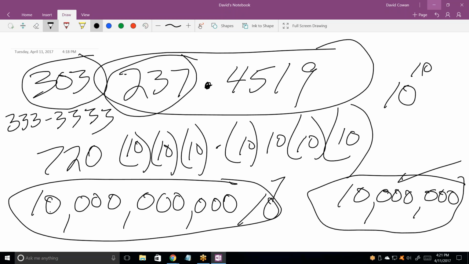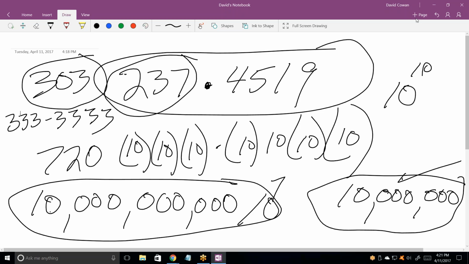Excuse me, that's not 10 trillion, that's 10 billion. In other words, that's 1 million, that's 1 billion, that's 10 billion. 10 billion is still a lot. There's only 7 billion people that live on the planet. Yeah, I was about to look that up.